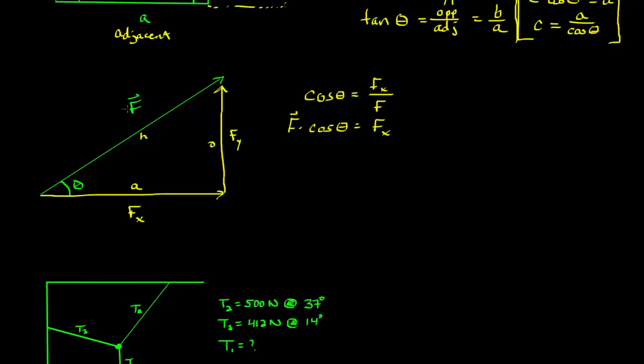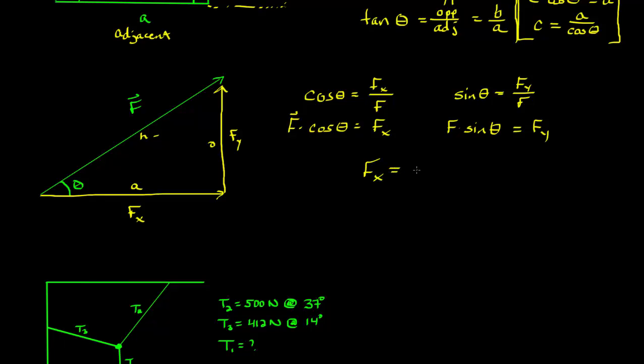Now we can go to Fy. So Fy is opposite and hypotenuse, so that's sine theta. And that's equal to the opposite over the hypotenuse, the force. And I can do the same thing here. Sine theta is equal to the force in the y direction over the force. So we end up with these two things. In general, this is going to hold.